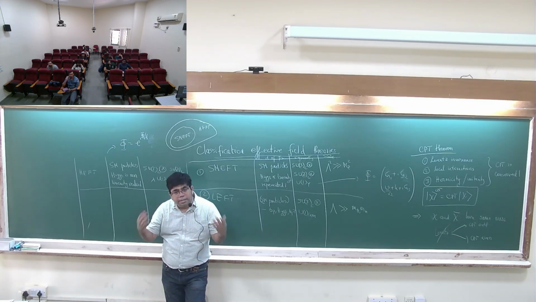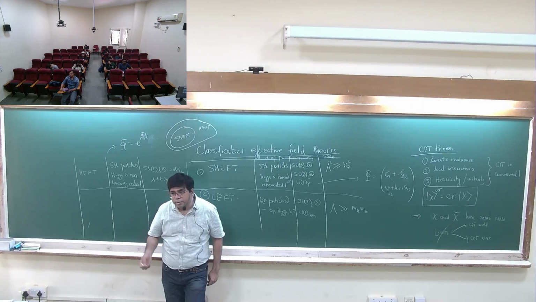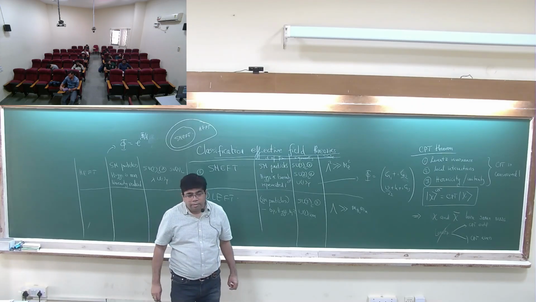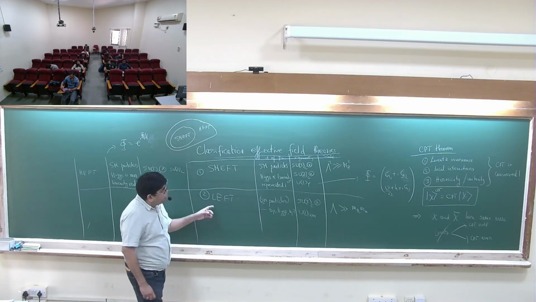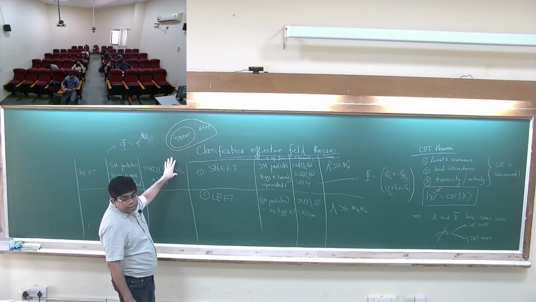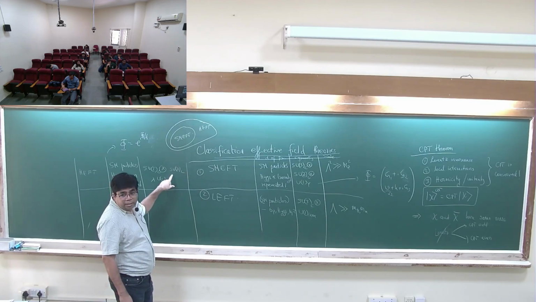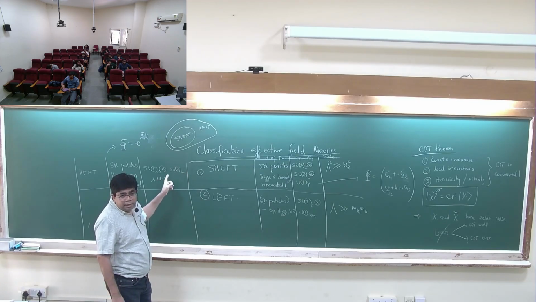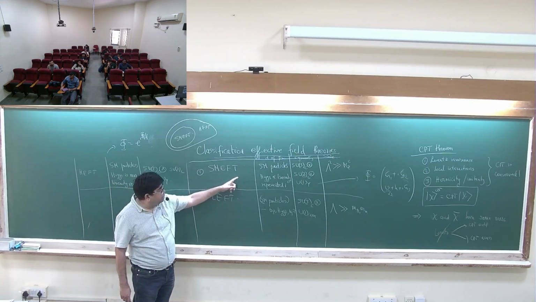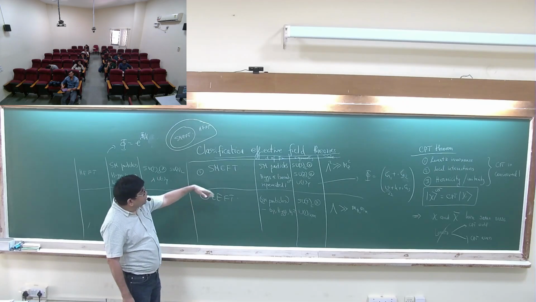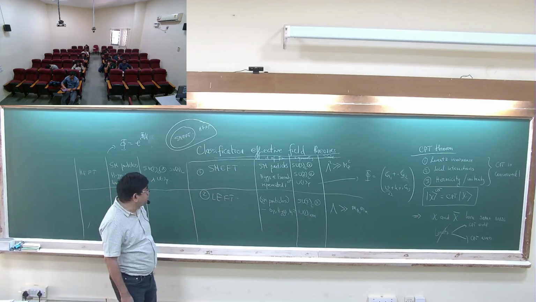So composite Higgs models and all these things will come into play. Now the symmetries are roughly the same, except that the Higgs is nonlinearly realized here, whereas it's linearly realized there. The scale is also roughly the same.